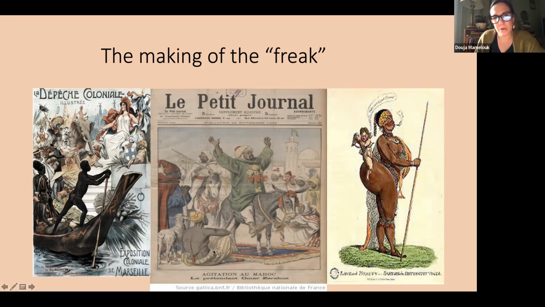In the middle here, it's called Agitation in Morocco. And you see that there is a Moroccan man on his donkey. We don't know what he's saying. We don't know what he's doing, but most likely it is a depiction of some sort of spiritual rite that is being respected by the locals.